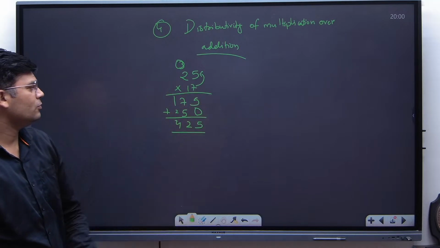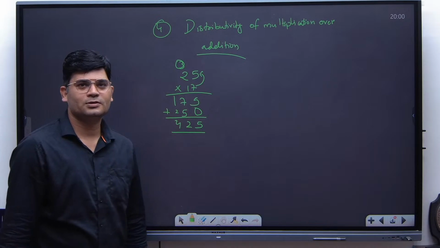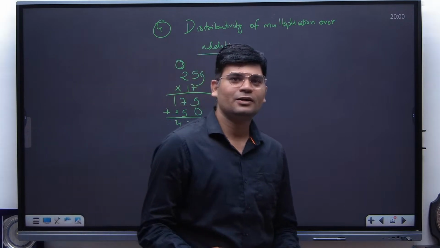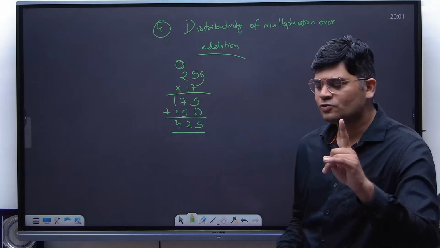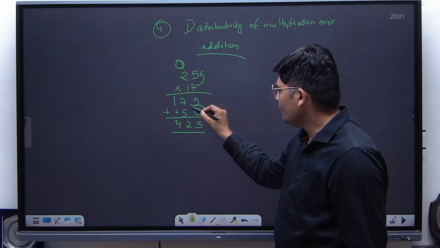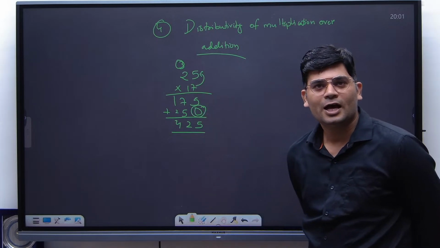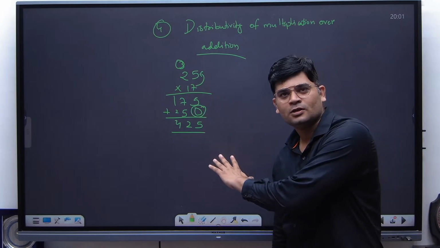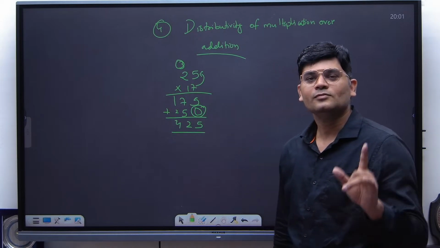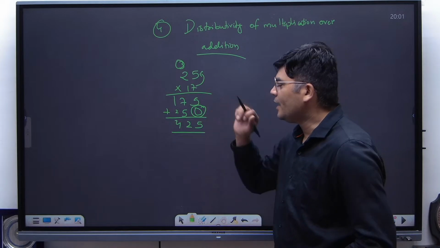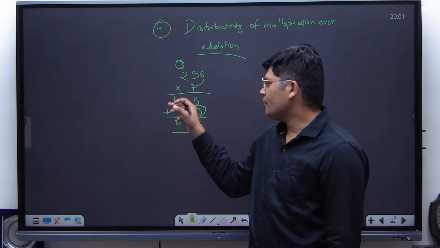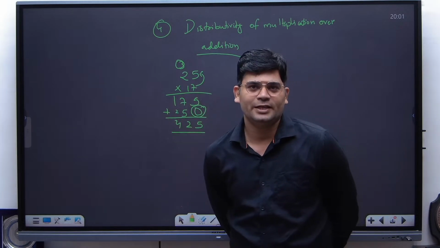If I ask you why you added these two numbers, can you tell me? Why have you added 175 and 250? That is the first question. And the second question is why have you written 0 here? Everybody does this normally. My question is why do we do that? Tell me.